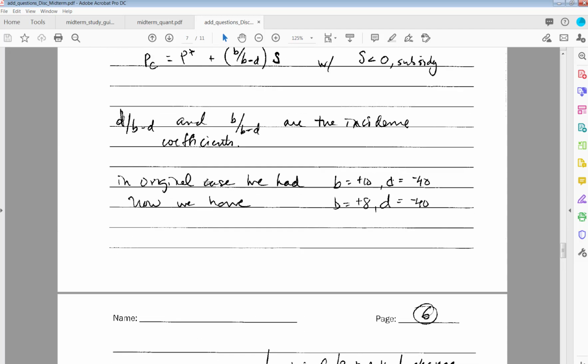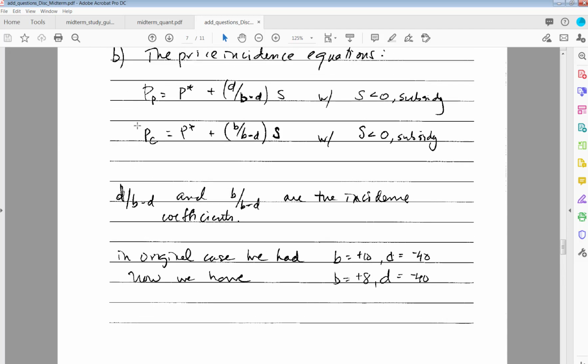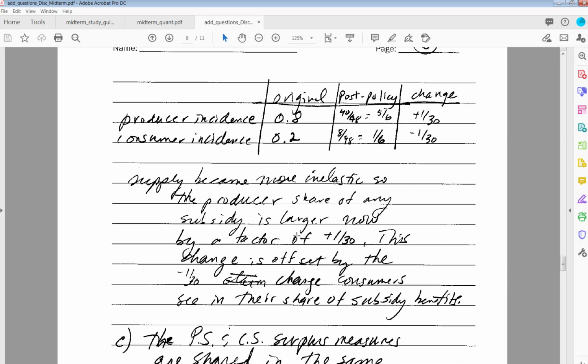Part of the advantage of starting from these equations is I don't have to do a lot of work to develop them, but I need to do a little more communication at the end and say, I worked from these price incidence equations, and I saw that supply was going to be more inelastic.